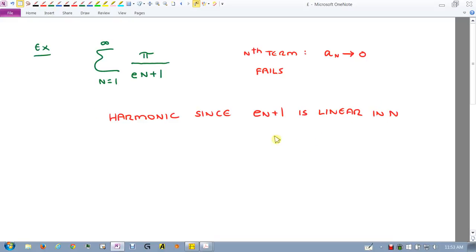That's how we say that, right? N is our variable. It's a linear expression in terms of n. Therefore, the series diverges. So that's just a matter of recognition. But notice how I'm writing everything out? That's what I want to see, that sort of thought process written out.